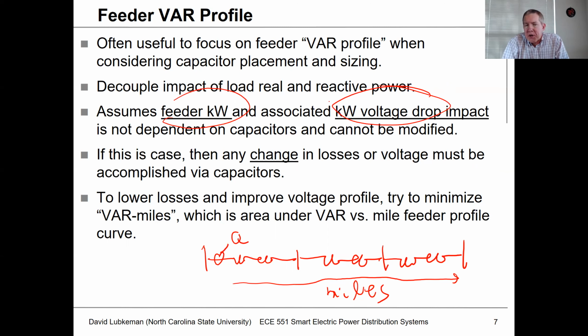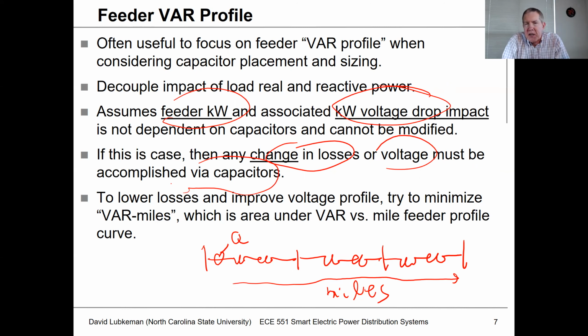So there's going to be at least some losses we're going to have to live with due to the real power requirements of loads. There's going to be some voltage drop components we have to live with just due to the real power of the load. And so if we're going to make any change in losses or any change in voltage, it's going to have to be accomplished via capacitors, because we've got to serve the load. We can't monkey around with that.